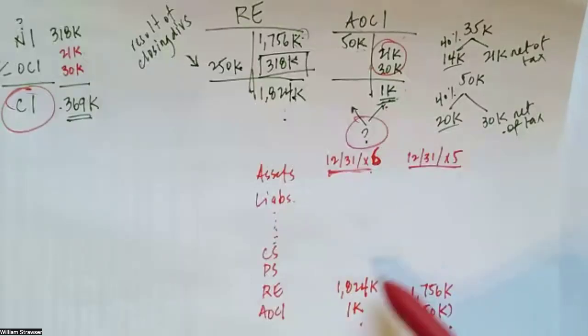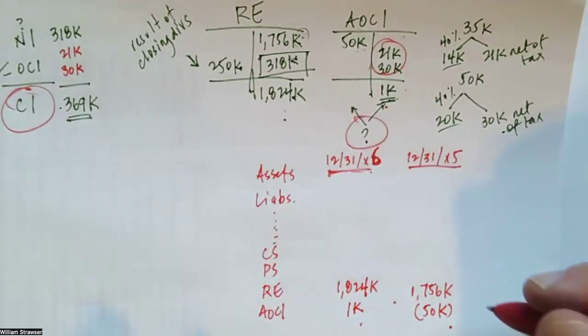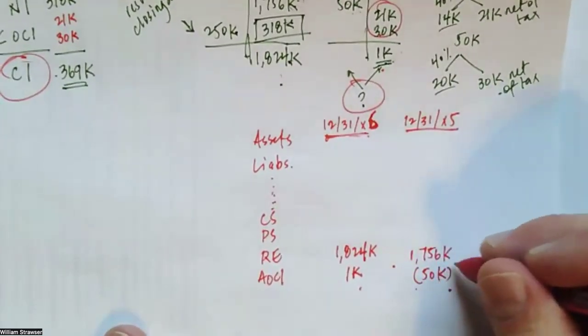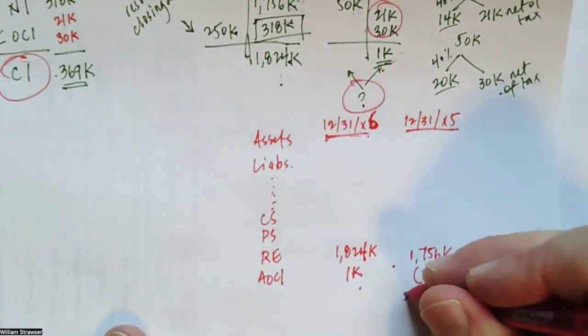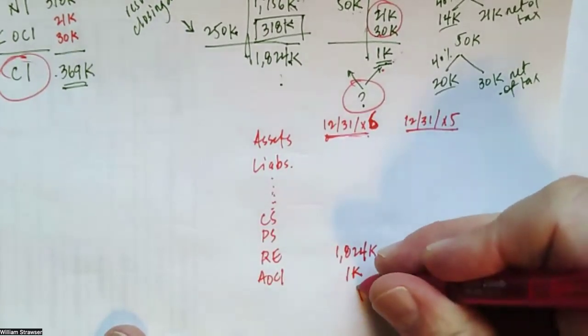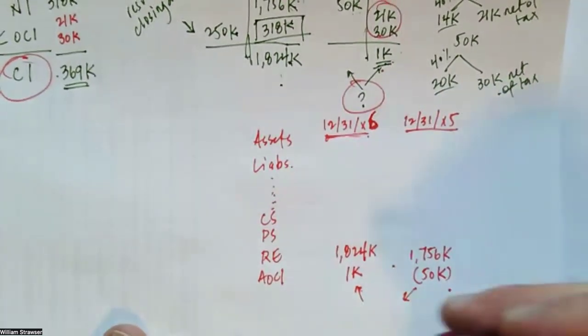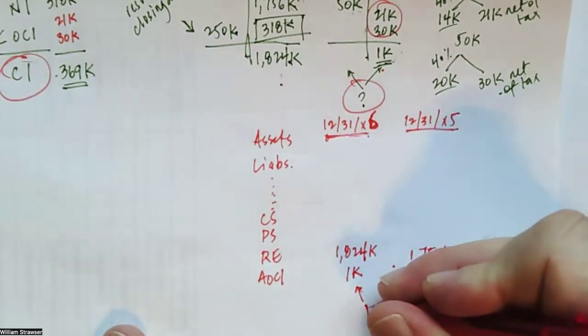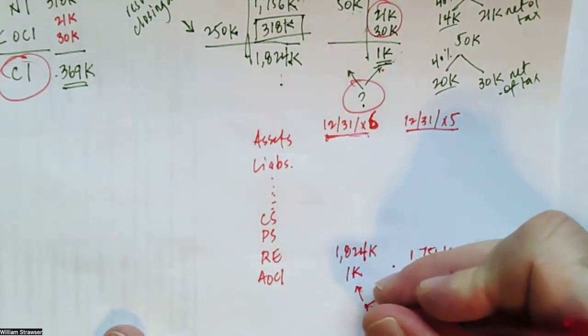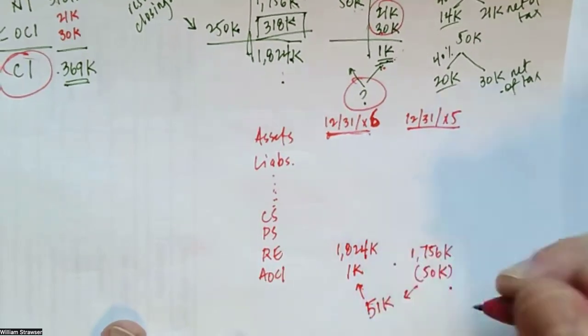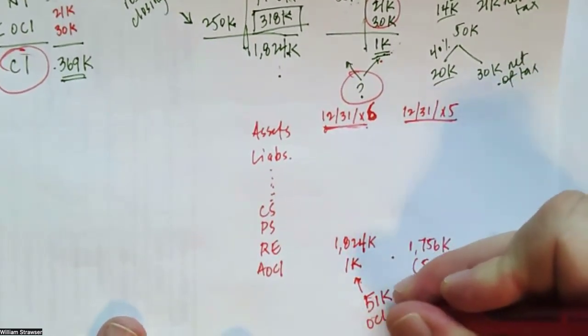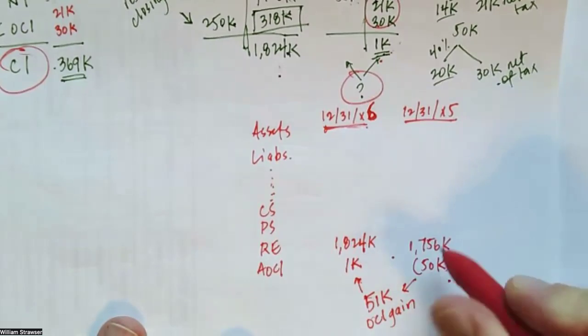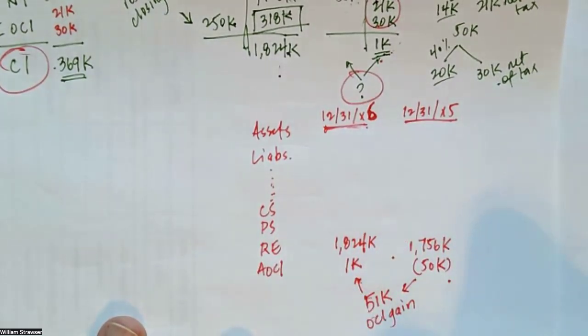You can interpret a lot from this. For example, if I gave you this format and you see that it went from negative 50 up to 1,000, that means there must have been $51,000 of OCI gain overall to make that transition.